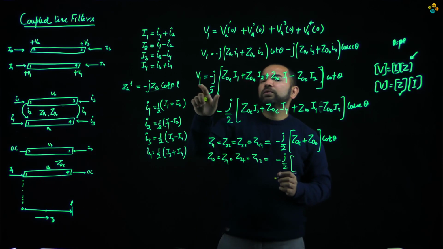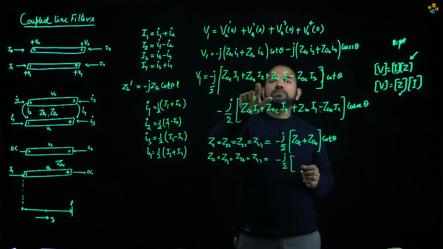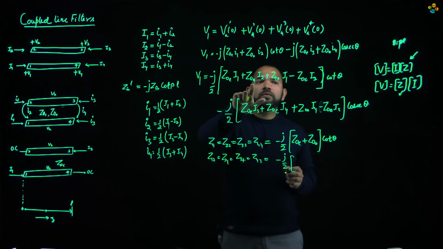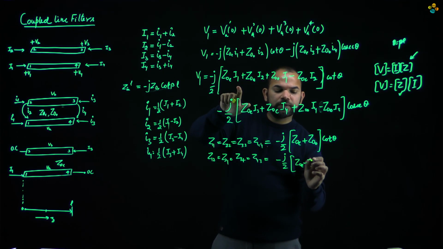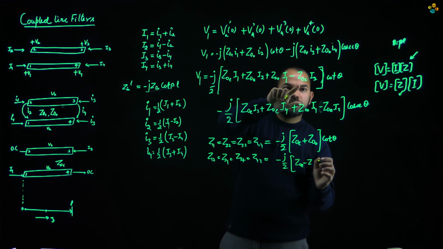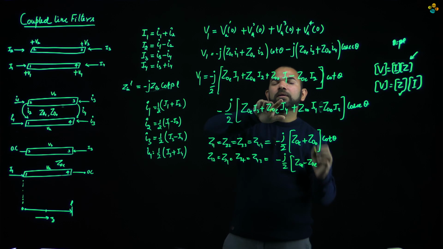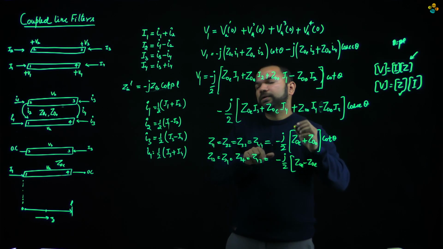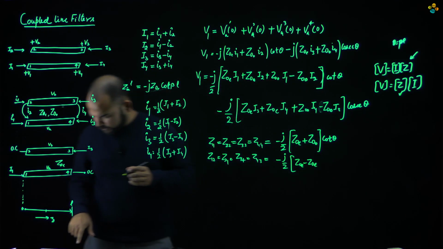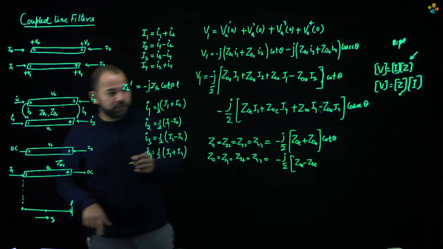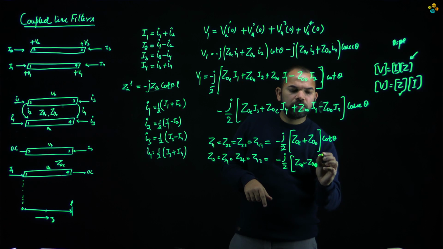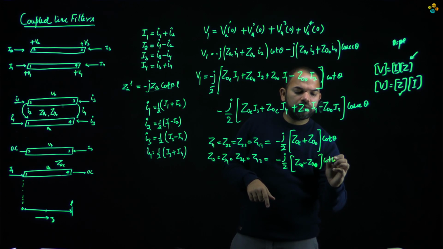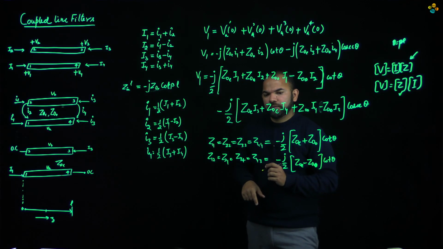What is Z12? So this is 2, this is 2. So let's write down ZOE minus ZOO. So this is Z O O, I guess. If it is not, yeah, it is ZOO. So this is ZOE, ZOO into cot of theta.